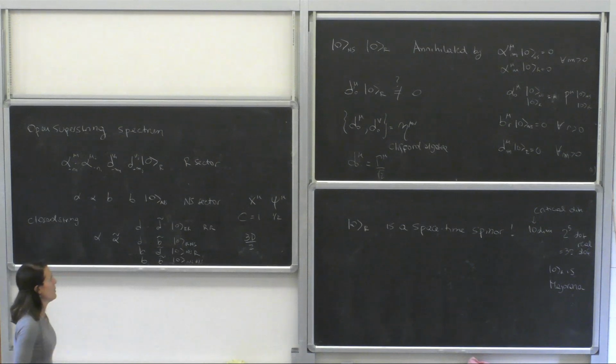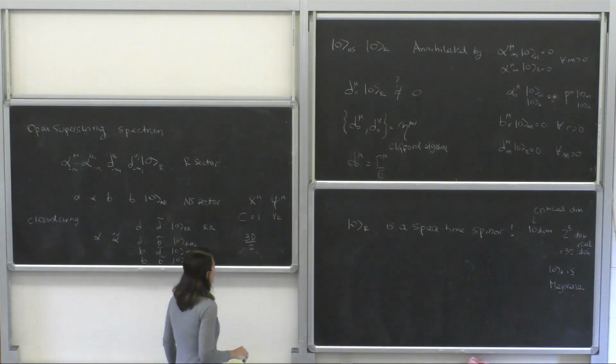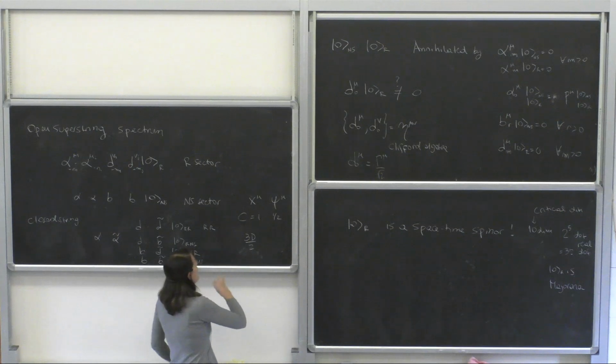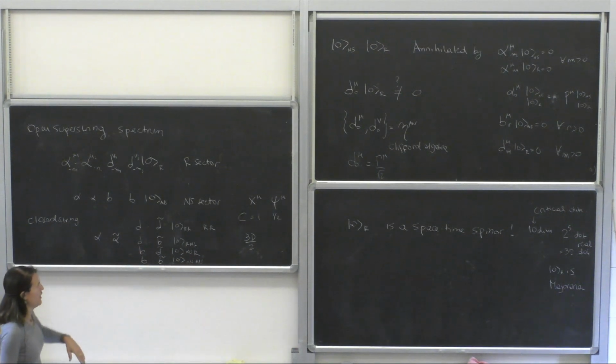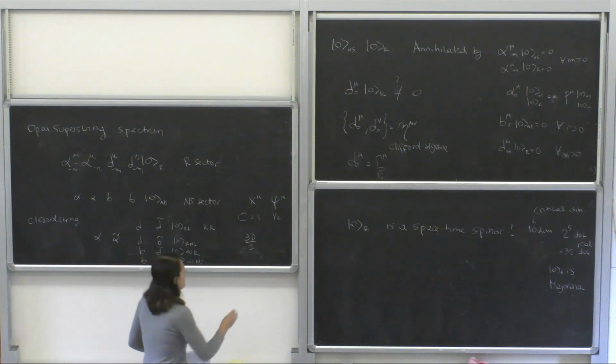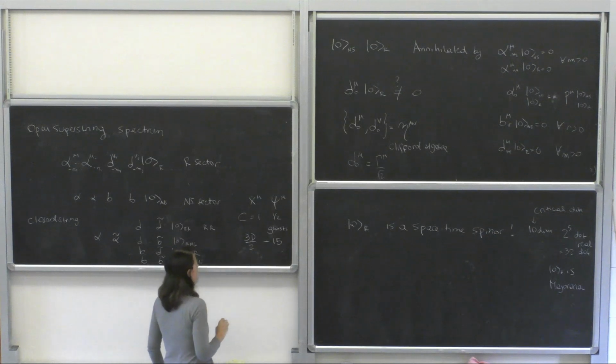And the ghosts, beta gamma for the bosons and BC for the fermions, have minus 15 of central charge.